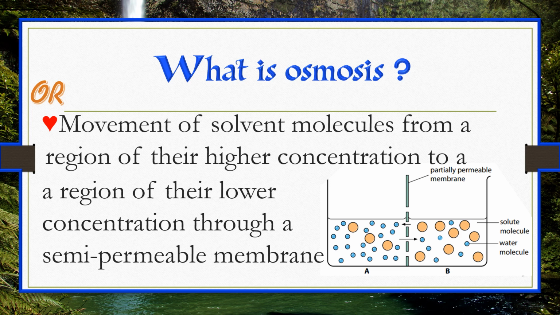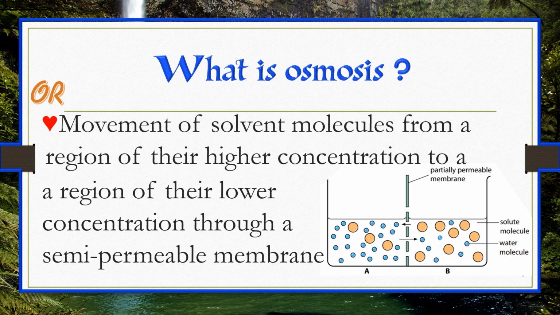Let's look at our diagram. We have side A and side B. Side A has a high concentration of solvent molecules, which is water. And side B has a low concentration of water molecules.